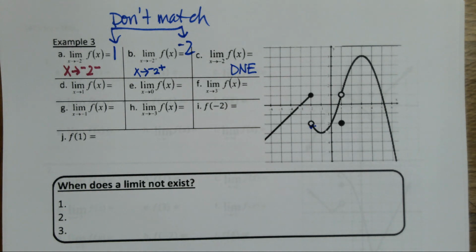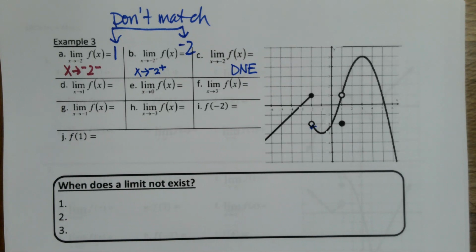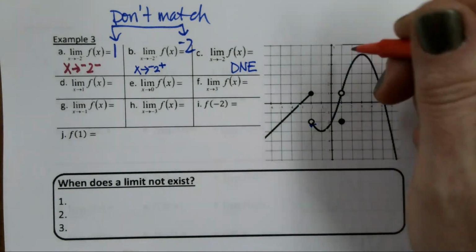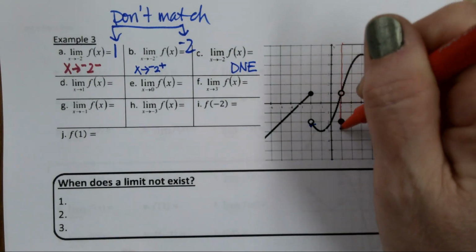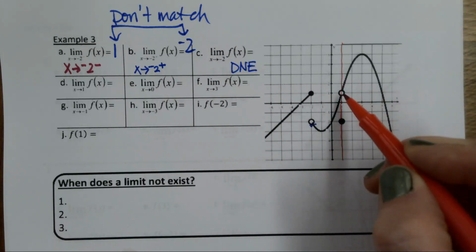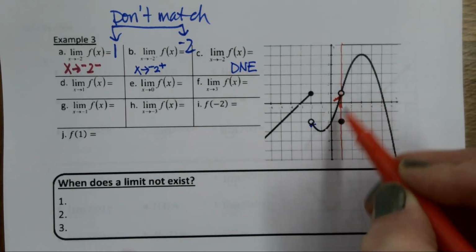So now we're going to take a look at 1. Just 1. 1, not from the left, not from the right, 1 in general. So I'm going to focus at 1. And again, if I could draw an imaginary line at 1, and then jump to the left and walk on that function, where am I headed?